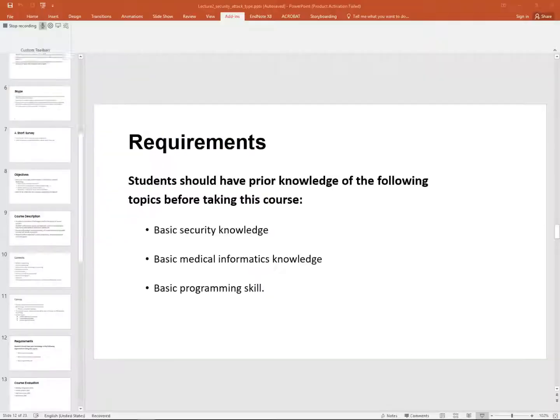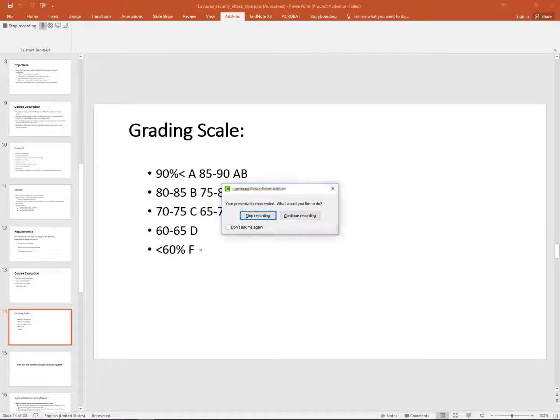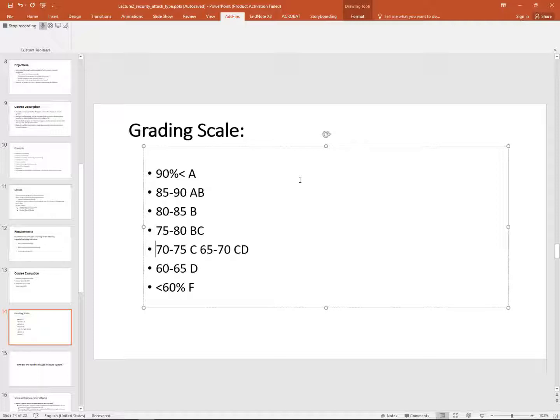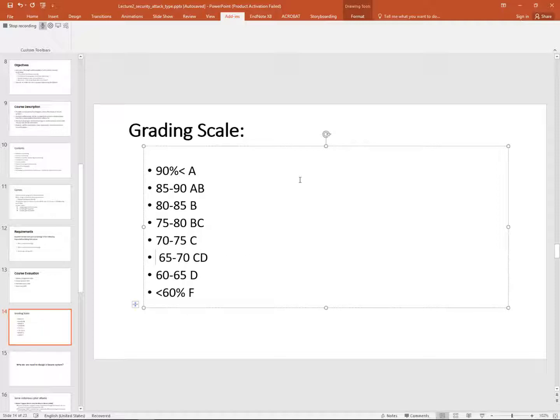The grade scale generally is like this: if you get more than 90, that will be A. 85 to 90 will be AB, 80 to 85 B, and 75 to 80 will be BC. I just follow this kind of scale.